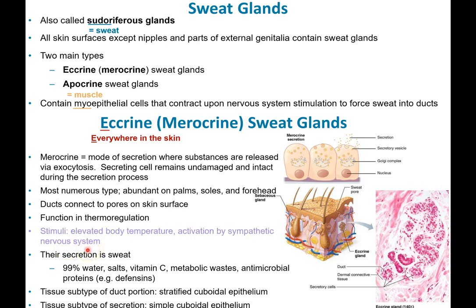Eccrine sweat secretions consist of predominantly water, but also contain components such as salts, vitamin C, and metabolic wastes. Additionally, eccrine sweat also contains immune or defense components in the form of antimicrobial proteins called defensins, which kill bacteria.